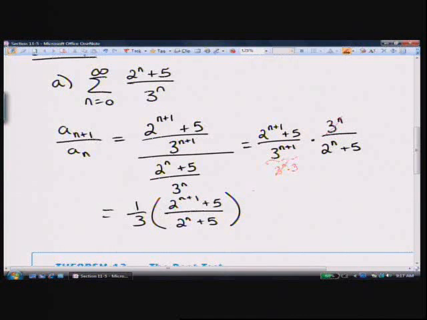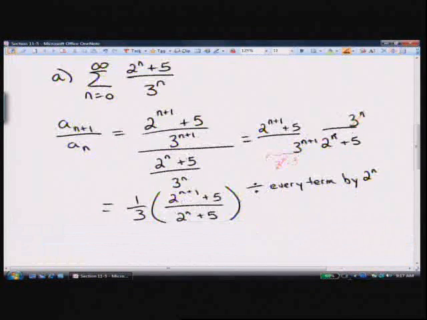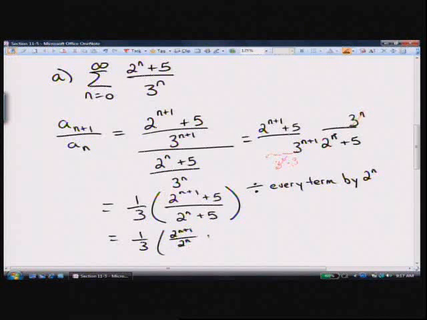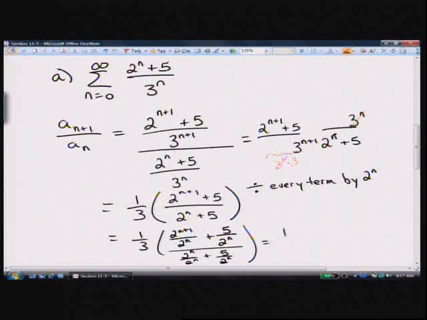If you divide every term by 2 to the n, cool stuff happens. That's just a little strategy, right? So you'll have 1/3 times 2 to the n plus 1 divided by 2 to the n plus 5 divided by 2 to the n, over 2 to the n divided by 2 to the n plus 5 over 2 to the n.